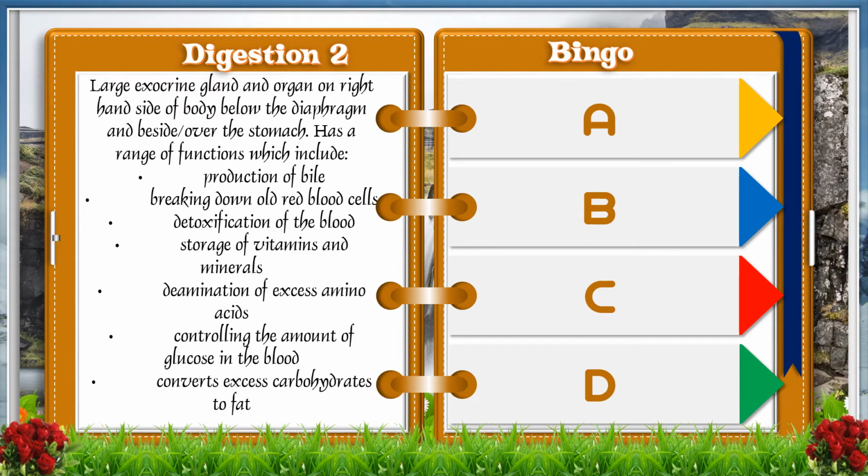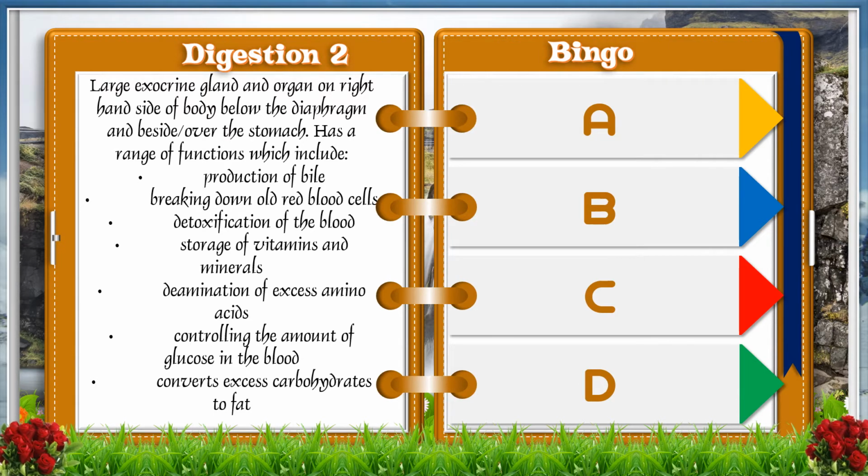Detoxification of the blood. 4. Storage of vitamins and minerals. 5. Deamination of excess amino acids. 6. Controlling the amount of glucose in the blood. And 7. Converts excess carbohydrates to fat.